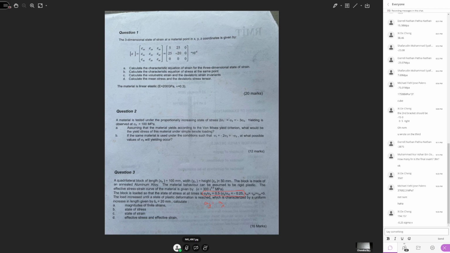Therefore sigma y is equal to 0.25 into sigma x over 0.5. That gives you negative 0.5 sigma x.